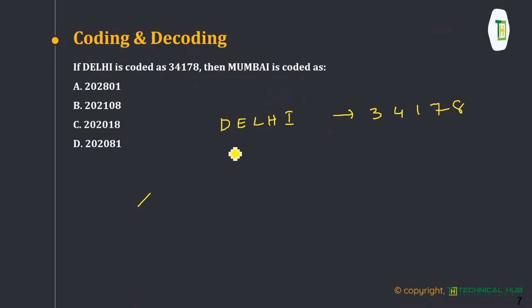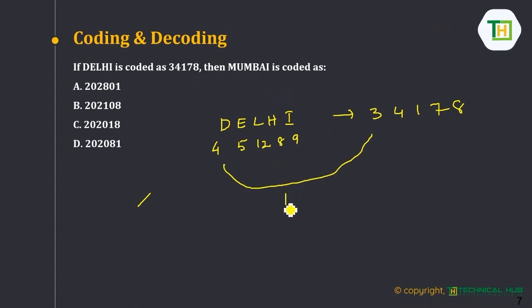So first of all, write down with respect to numbers. D is 4, E is 5, L is the 12th letter, H is 8th, and I is the 9th letter in the English alphabet. So 4 is changed to 3, means subtract 1.